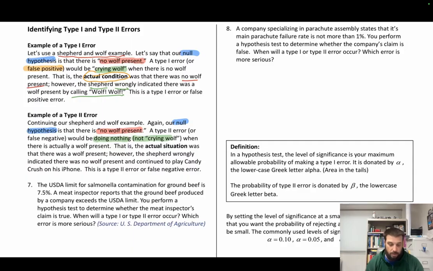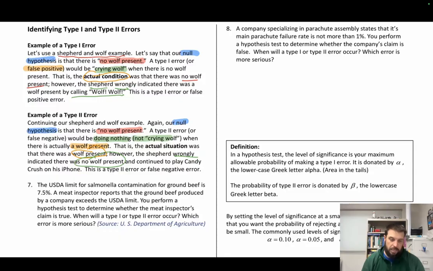Nothing's done when there is an actual wolf present. So the actual situation was there was a wolf present. However, the shepherd wrongly indicated there was no wolf present by doing nothing.